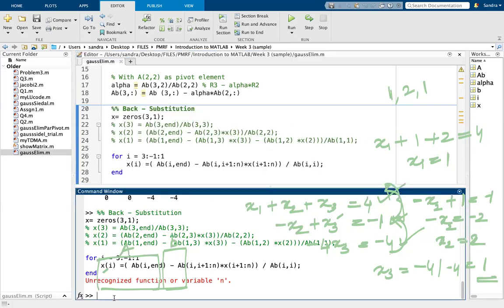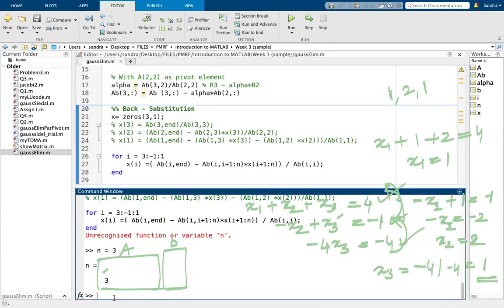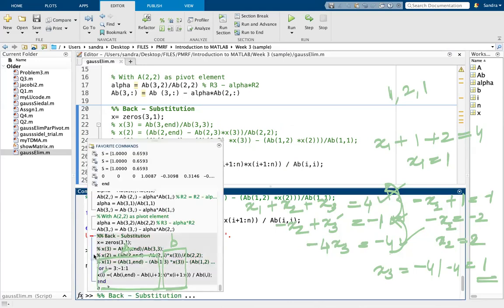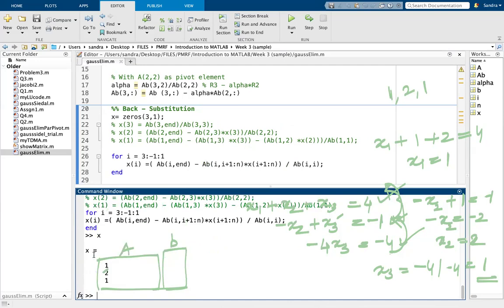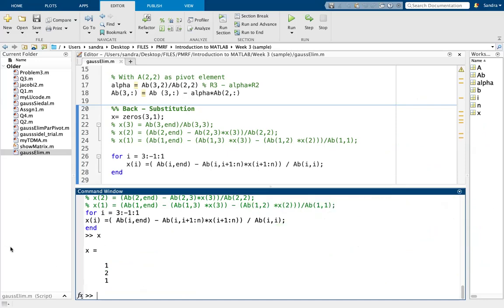Sorry, n is equal to 3. I forgot to run that. Let me look at the value of x. Let me clear the annotation. Now this is the value 1, 2, 1.